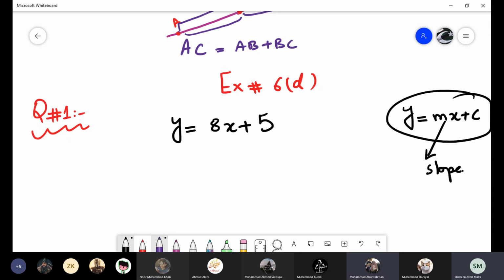In a straight line, y = mx + c, the coefficient of x is your slope. If this is line 1, we have to find its parallel line's slope.